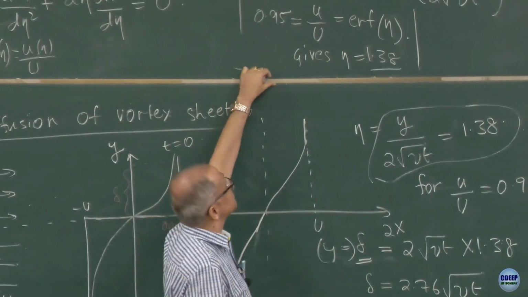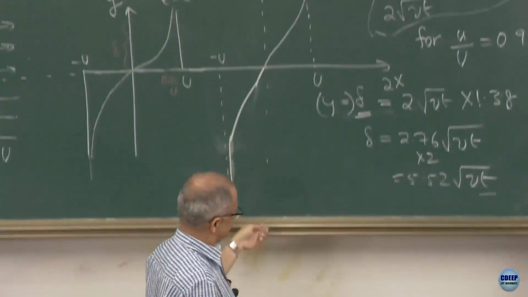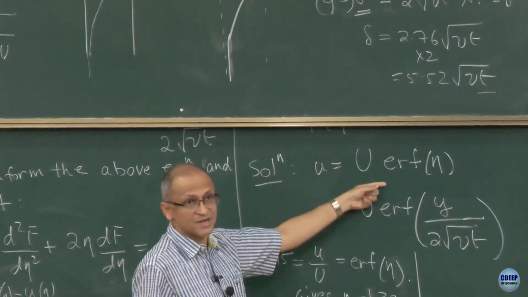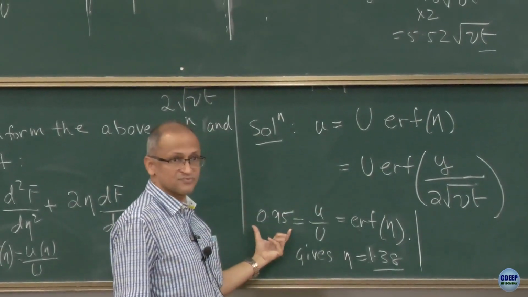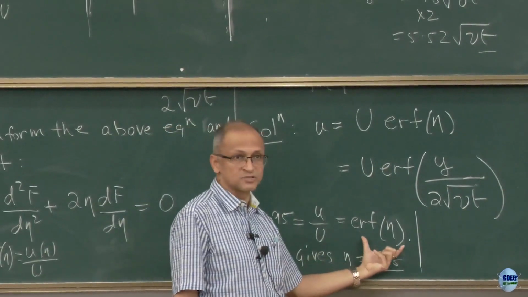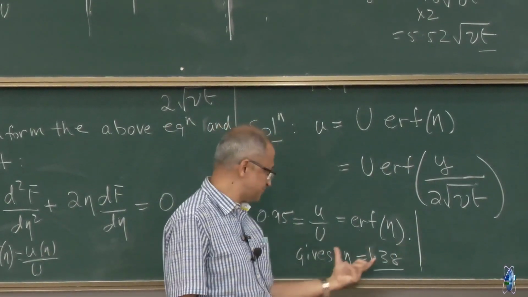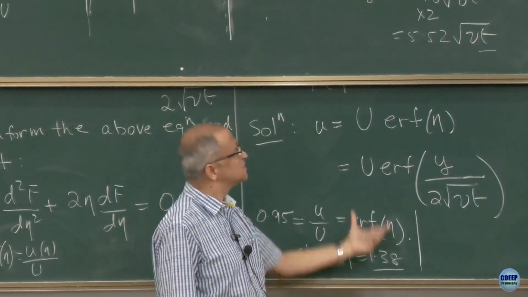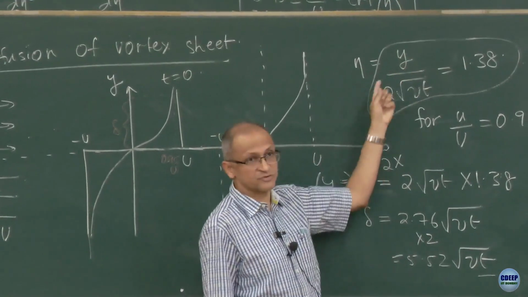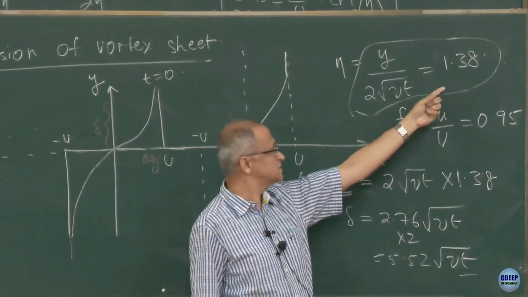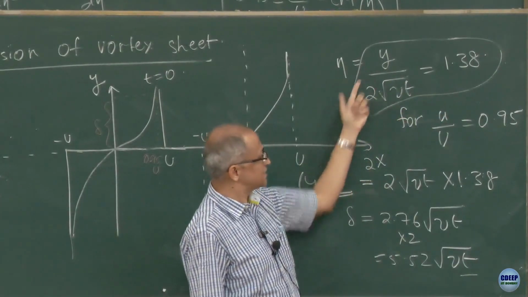So again, I'm just explaining it once more. This is the velocity I get. I put u by U as 0.95, and then I look at the corresponding value of eta. I get eta as 1.38. Now this is my definition of eta, so this has to be 1.38, and therefore this is the y I should get.